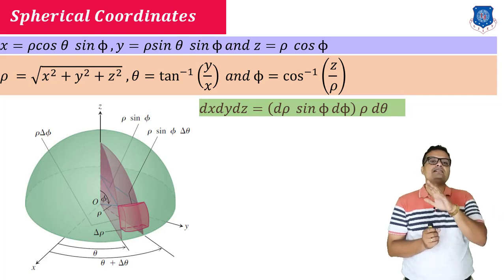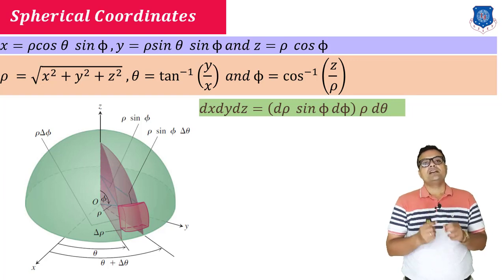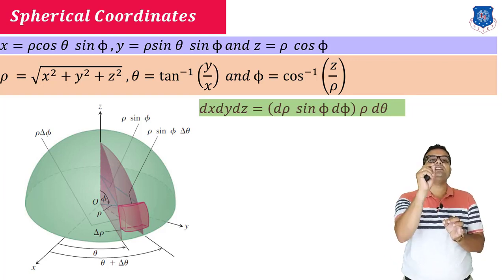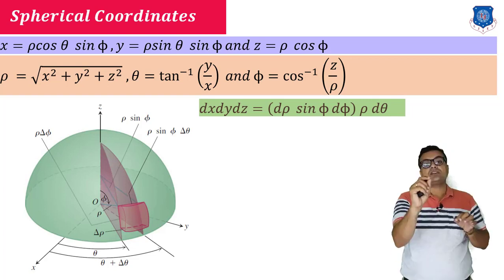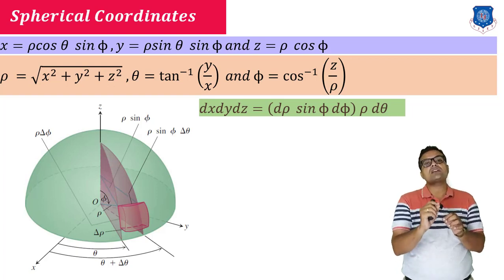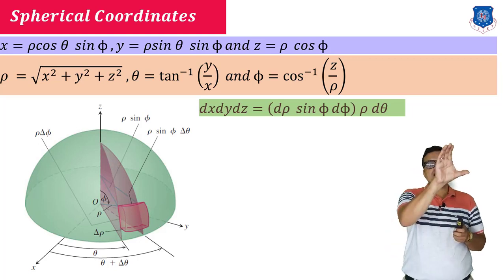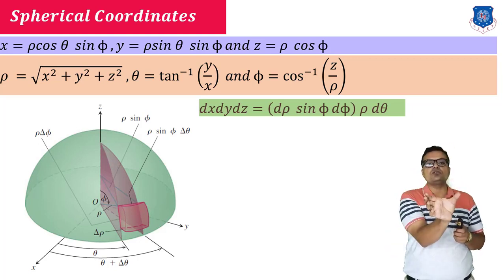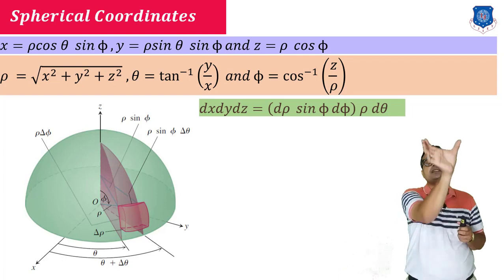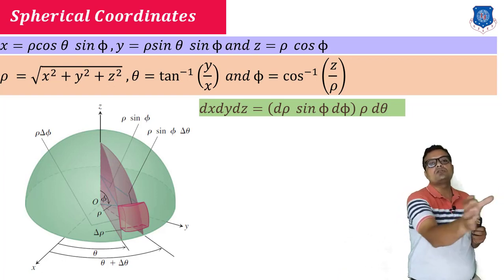So the whole idea is the same. The only part which is changing from the cylindrical coordinate is that it is not exactly a vertical cut. First of all, it is not like dz into dr. It is actually d rho into sin phi d phi. In the case of cylindrical coordinates, we have exactly a rectangular cut on the side part, and then we rotate it.